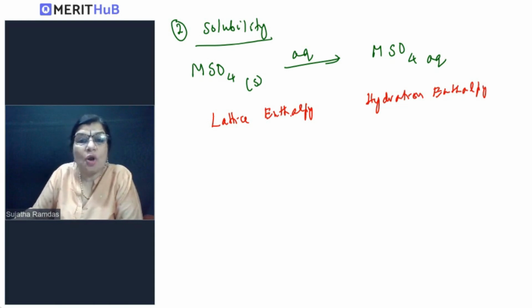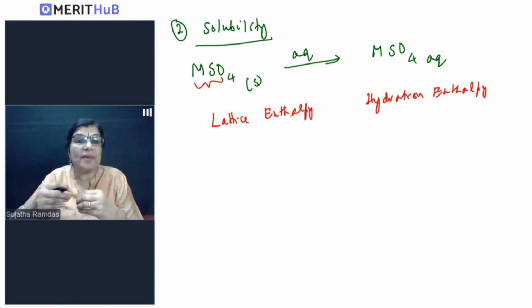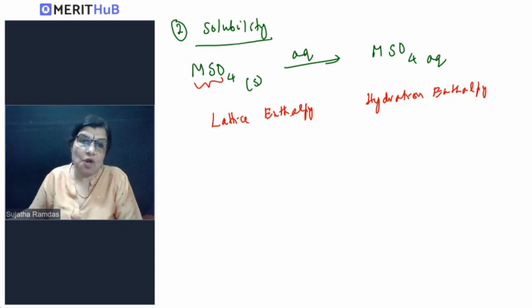First, the ionic compound should be split into gaseous ions. That is lattice enthalpy. And once the gaseous ions are formed, they will interact with water. So each ion, the positive ion and the negative ion, will be separately surrounded by the solvent molecules, here the water molecules, right? And hydration enthalpy is the next important feature.